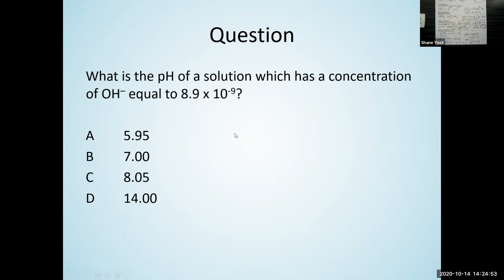So another question here. What is the pH of a solution which has a concentration of OH minus equal to 8.9 times 10 to the minus 9?